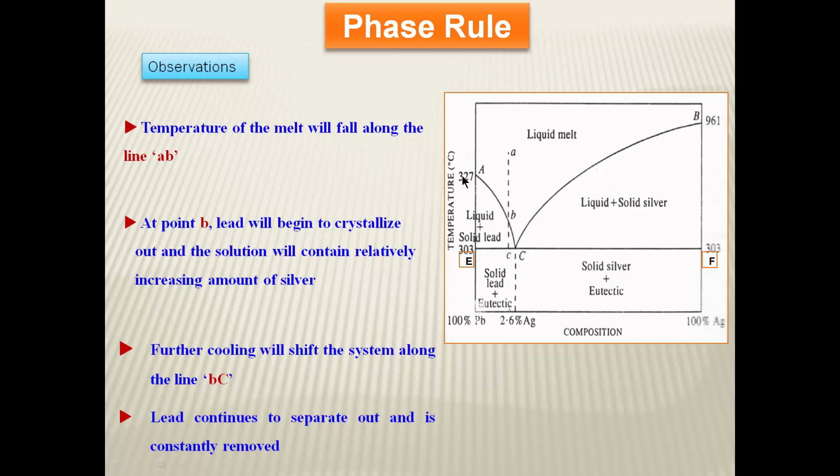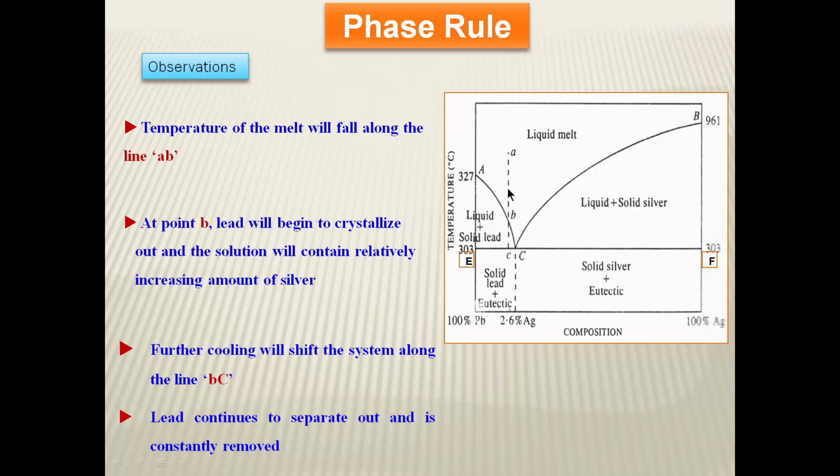But if you can recall, I had already explained that since this sample is not pure, it is argentiferous lead and has silver as an impurity, its freezing point will be lowered. Had it been pure lead, it would have solidified at 327 degrees centigrade.